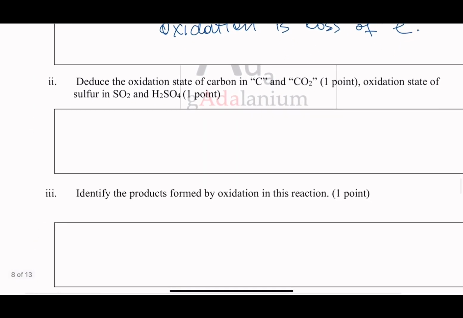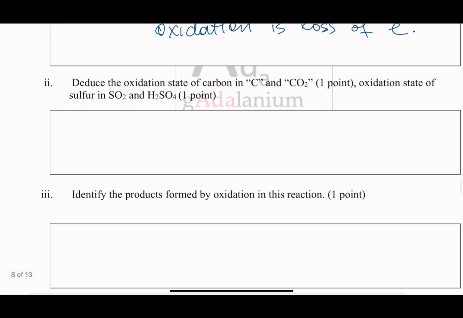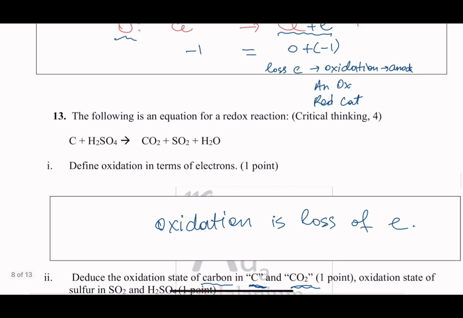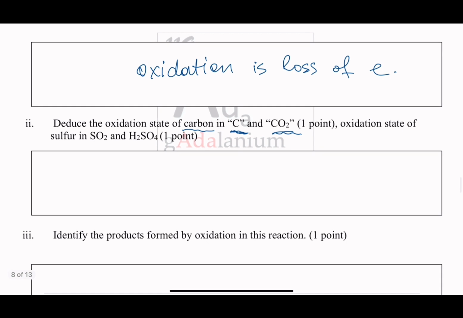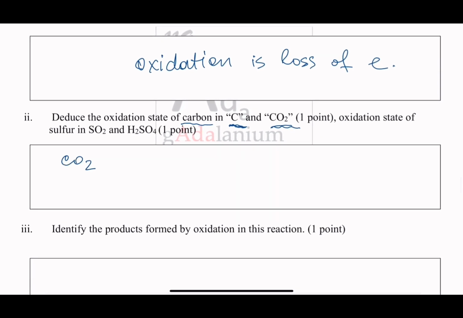Okay. Use the oxidation state of carbon in C and carbon in CO2. Because C is just carbon itself, we know that carbon is 0. And then it's asking for CO2. Let's do the charge balance. So CO2, we know that oxygen is -2 and C is X. And there's only one of this. Okay, let's do the math together. So 1 times X plus 2 times -2 is 0.